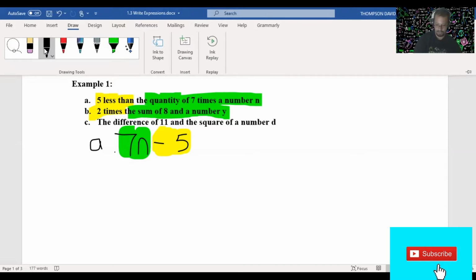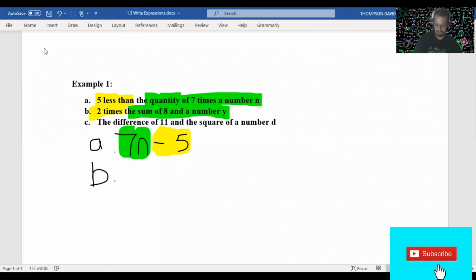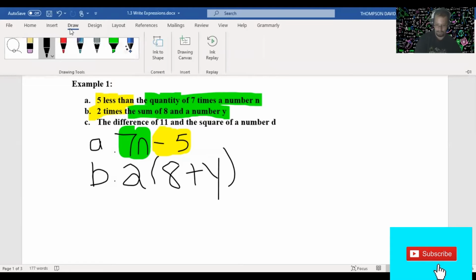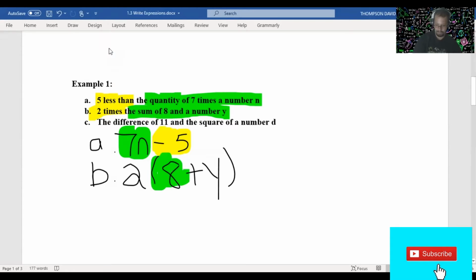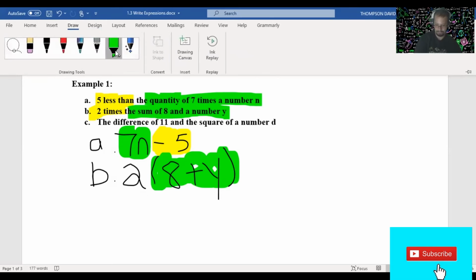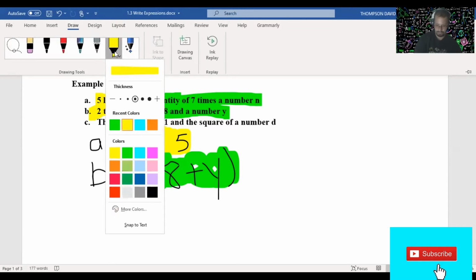So B would be 2, parentheses, 8 plus y. We'll highlight the 8 plus y in green. Since we are talking about 2 times the sum of 8 and a number, we do have to use parentheses. And we're done.